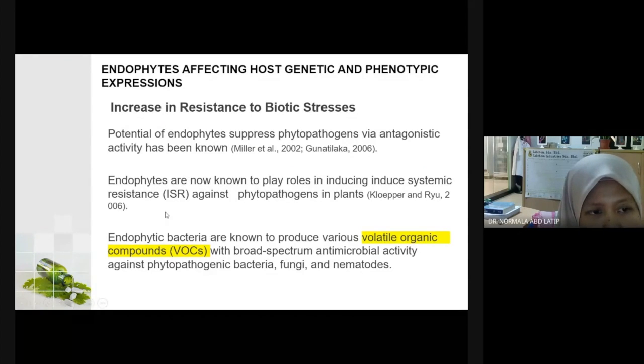The endophytes are also known to play roles in inducing systemic resistance against phytopathogens in plants. So they help the host plants to become healthier. And the endophytic bacteria are also known to produce various volatile organic compounds, the VOCs, with a broad spectrum of antimicrobial activities against pathogenic bacteria, fungi, and also nematodes.